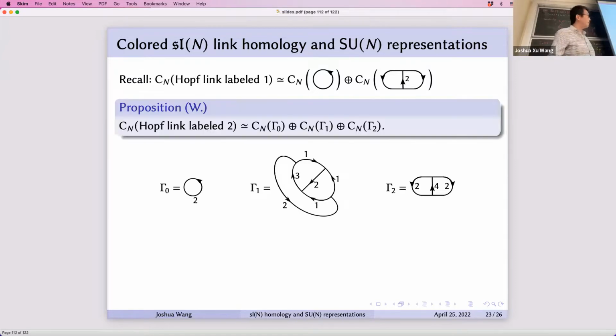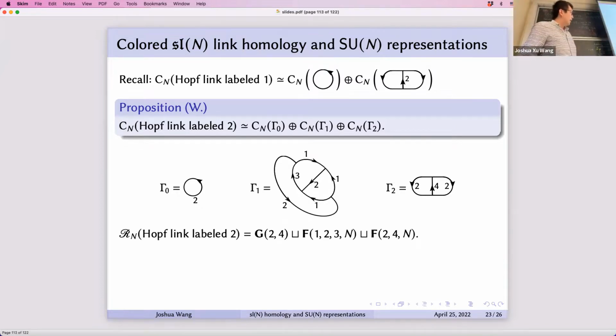And I claim that with some work and some new tricks, you can show that the Hopf link labeled 2 simplifies into the direct sum of 3 state spaces for these 3 particular MOY graphs. And this is what the representation space is. It's also got 3 pieces.